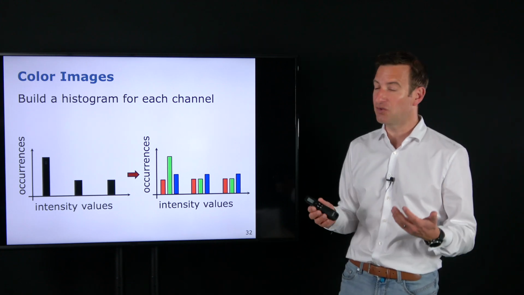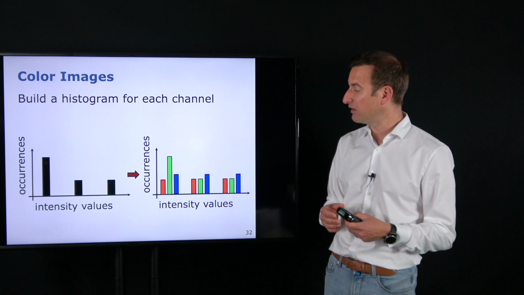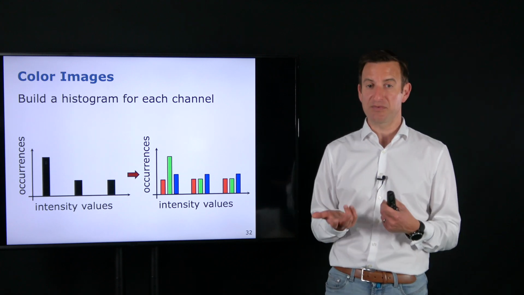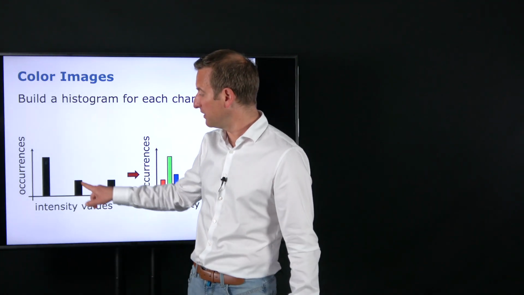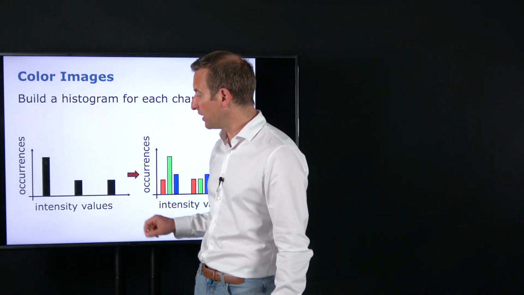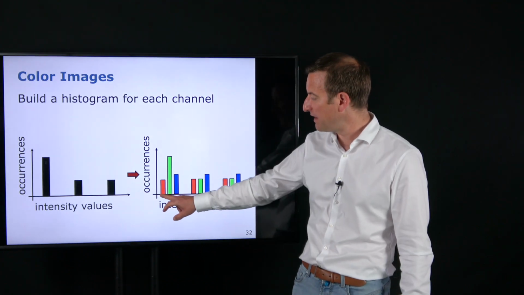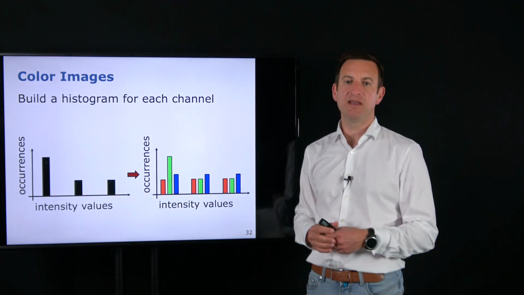We can also do this if we have a color image. So far we just looked into grayscale images. If we have an RGB color image, so we have 3 channels, for example, then we don't have a histogram for the individual intensity values for 255 values. We basically have a histogram for all channels individually.